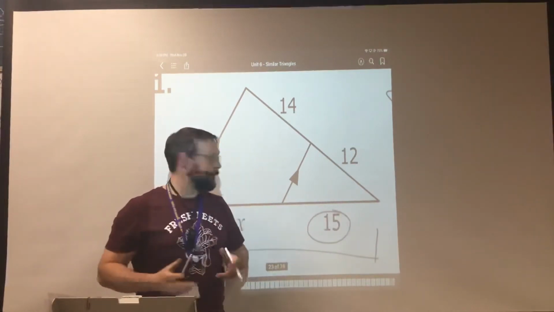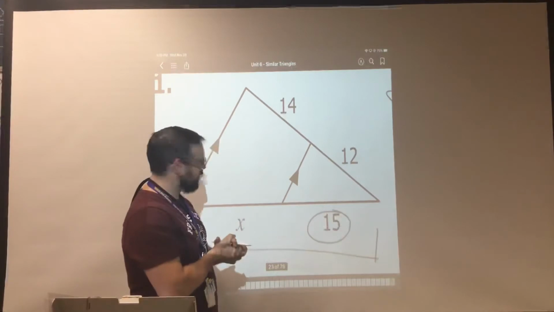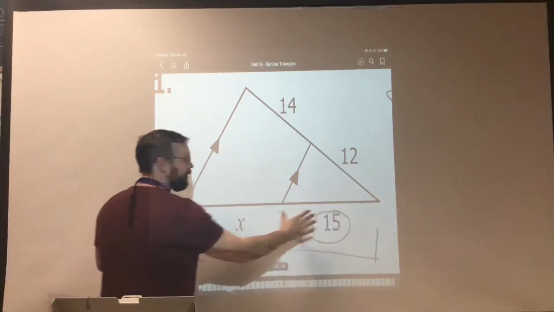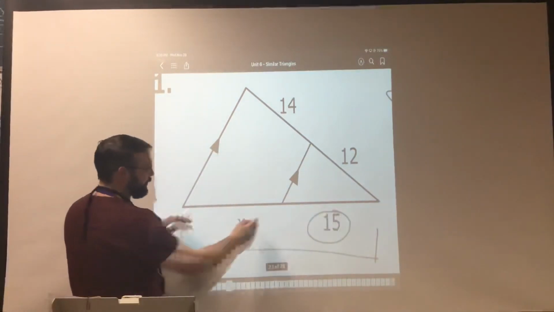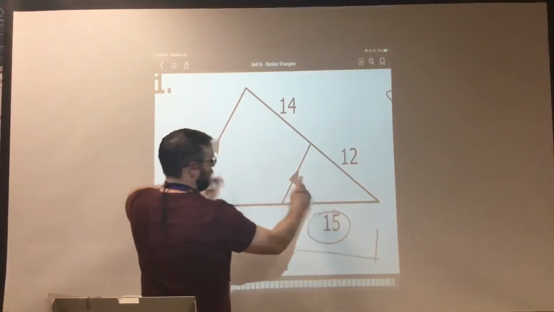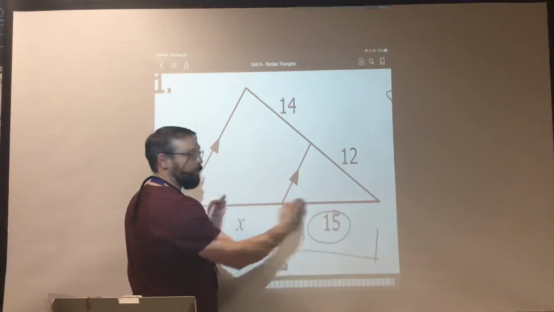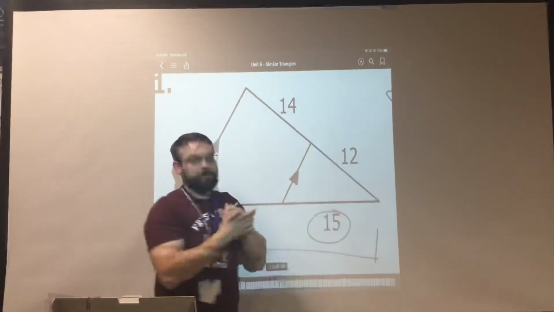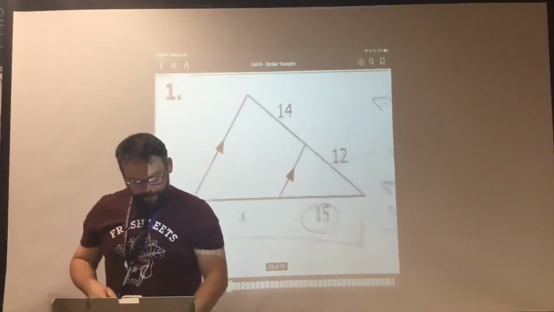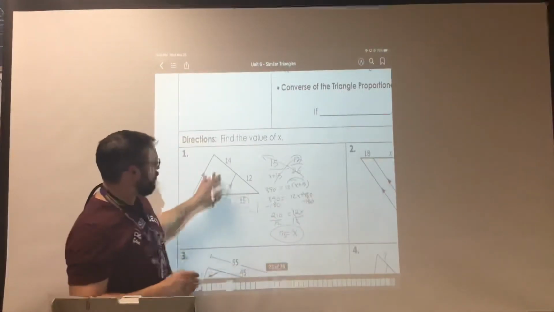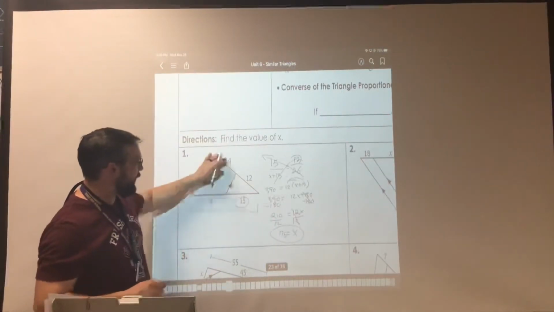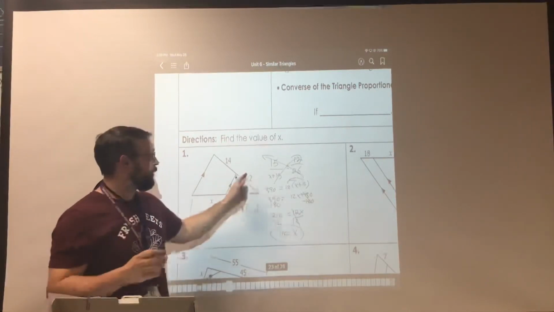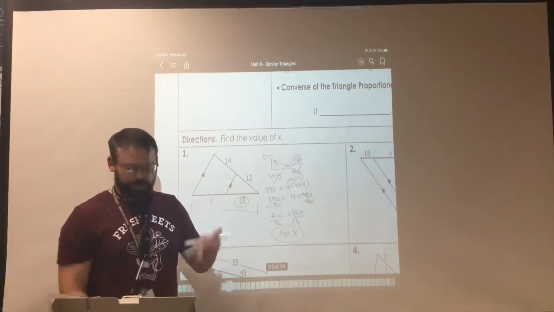What that tells me is that this side and this side are going to be in proportion to each other and set equal to these sides. So whenever I see a triangle like this with parallel lines, I can make a proportion a little bit faster and cleaner.